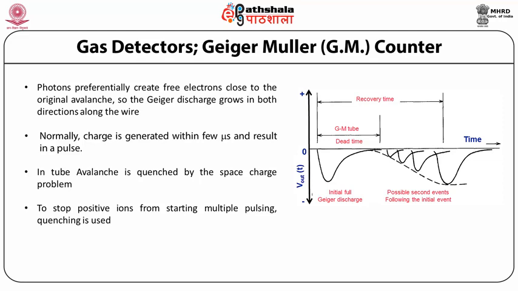Otherwise, the multiple pulsing problem will be there. The process of multiple pulsing is shown in the picture on the right hand side, where the first pulse is a full energy pulse. After that, there can be multiple pulsing also, which is not good, because after this full energy peak, one event is recorded.